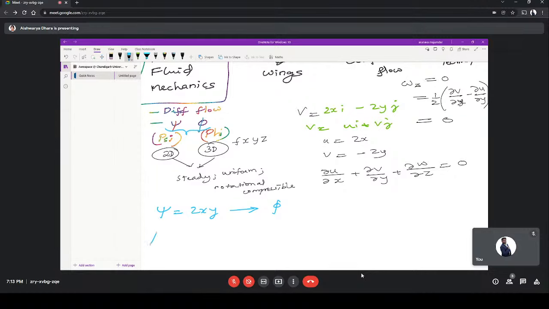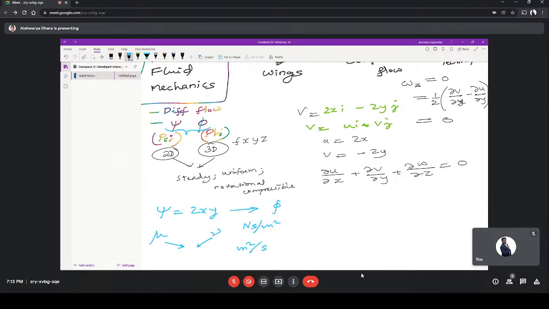Then viscosity: two types of viscosities are there, dynamic viscosity and kinematic viscosity. How are dynamic viscosity and kinematic viscosity related to one another? What is the unit? Here the unit is very important, right? Newton second per meter square.